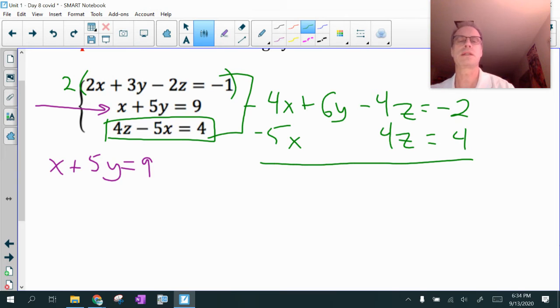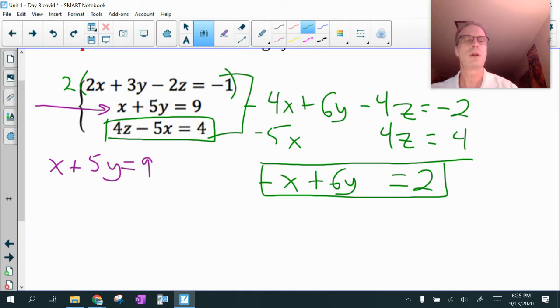And let's just add down. So I am going to be looking at negative 1x plus 6y. And we're going to be then looking at a value of 2. So we've got this equation and we've got that equation.